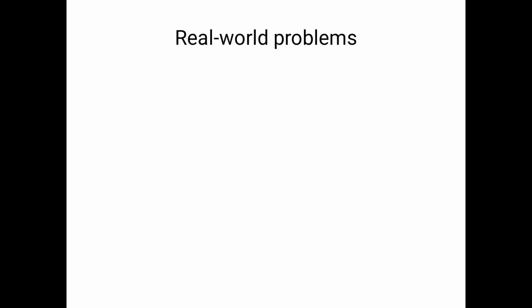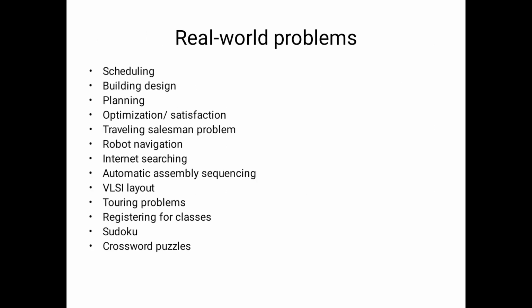Coming to the real world problems, we have a lot of real world problems available. All these examples are related to constraint satisfaction problems. We have some toy problems also available, but at the time of implementation with the brute force technique, the problems are complicated.